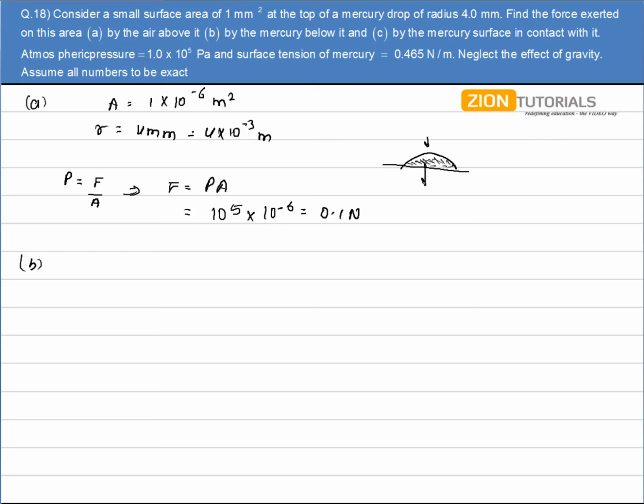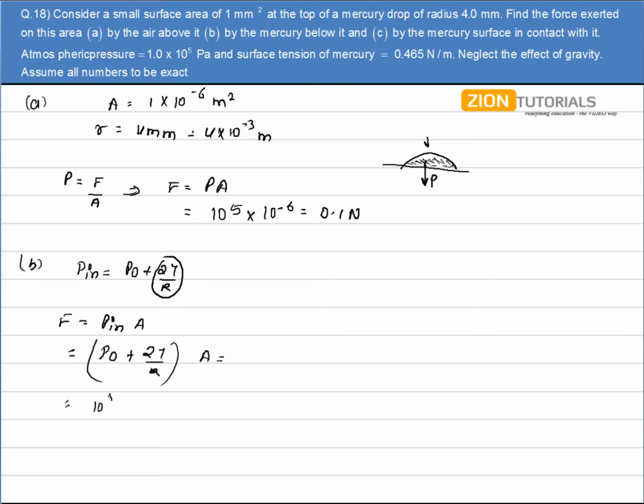So the pressure over here, that is inside, is given by P0 plus 2T by R, because this is the extra pressure due to the surface tension. So I can calculate the force as P inside into area, so P0 plus 2T by R into area. Substitute the values.